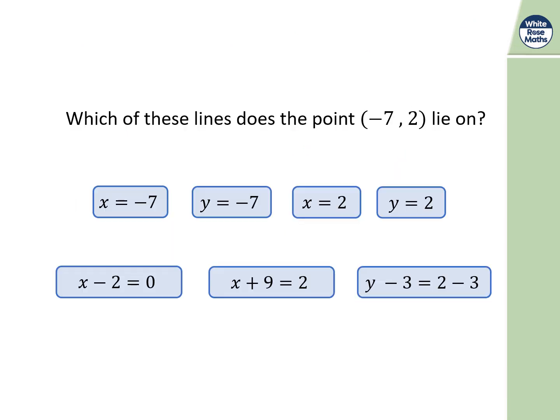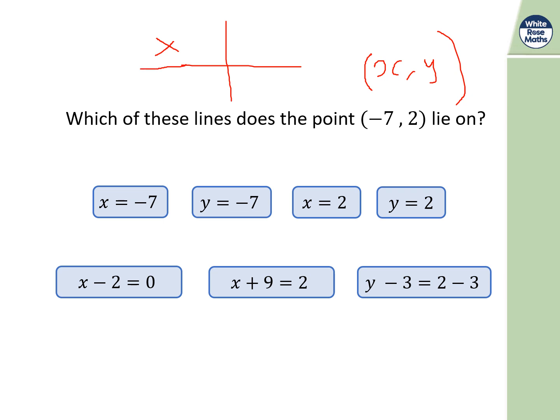Which of these lines does the point minus 7, 2 lie on? Well, the x coordinate is minus 7 and the y coordinate is 2. Let's do a rough sketch so we've got an idea. Minus 7, 2 is somewhere here roughly, as a rough guide.